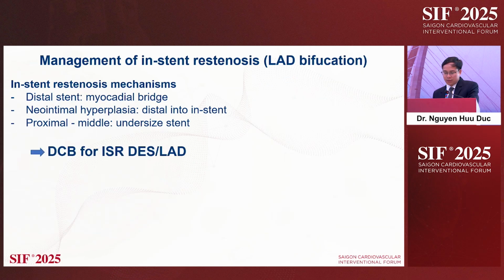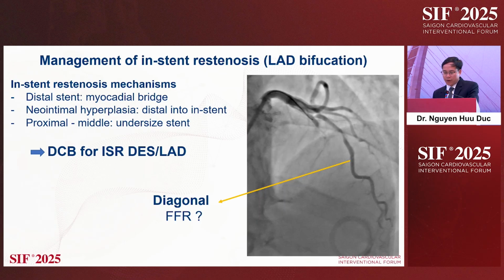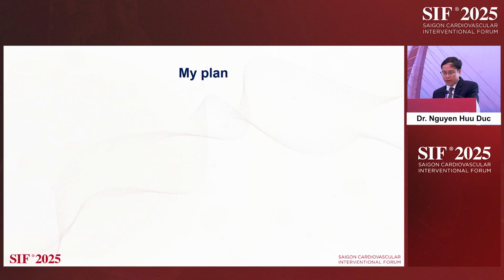Before intervention, we planned DCB for ISR, DES at LAD. For the diagonal, we can see a stenosis at the ostium and mid-low D1 also. Normally we need to check FFR for this. We don't know if the chest pain is because of LAD or D1, so we need to check FFR for the diagonal.